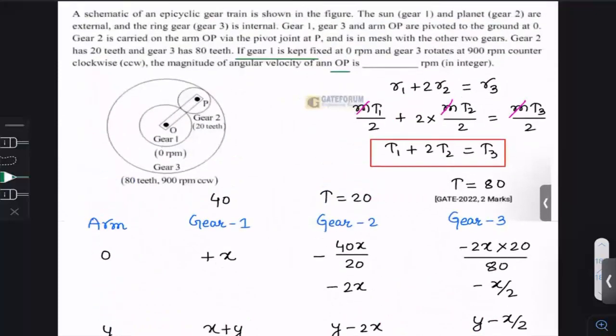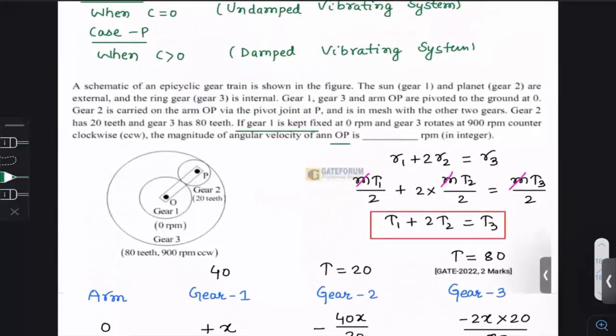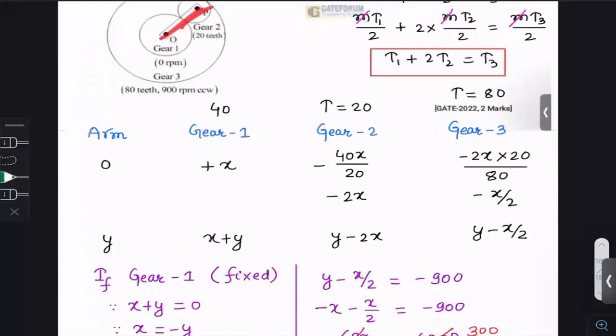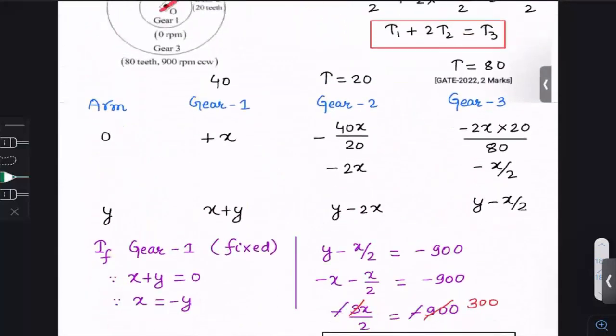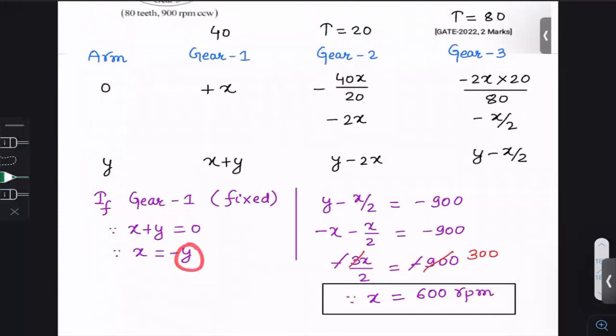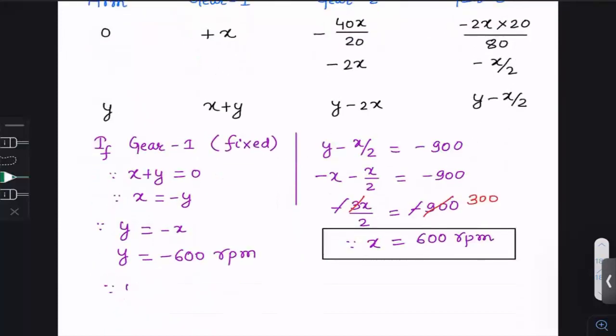Now, what is asked in the problem is the magnitude of the angular velocity of OP. OP means the arm speed, so we have to find out y. So y is nothing but minus x, which means y is equal to minus 600 rpm, that is, 600 counterclockwise.